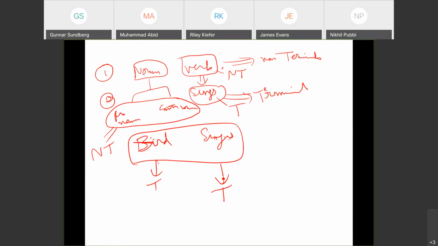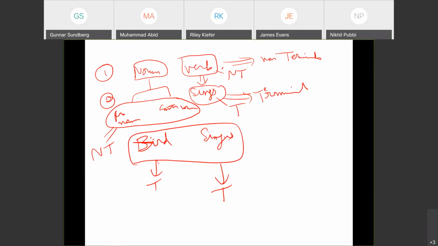Bird is a final thing. It is not a subcategory of noun or any other kind of noun; you replaced that thing with an actual word. When you replace something with an actual word, it is called a terminal. Bird cannot be replaced by anything else, and sings cannot be replaced by anything else, so these are terminals.